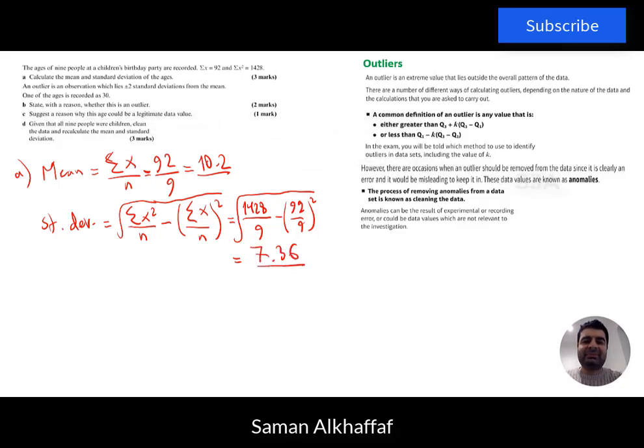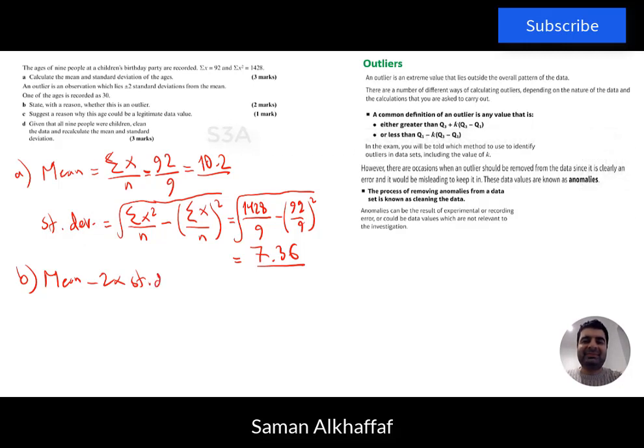Now, for part B, we need to state with a reason whether this is an outlier. So first, we need to find the mean and the range in terms of standard deviation. In terms of finding the outlier, the negative part will be the mean take away 2 multiplied by the standard deviation.